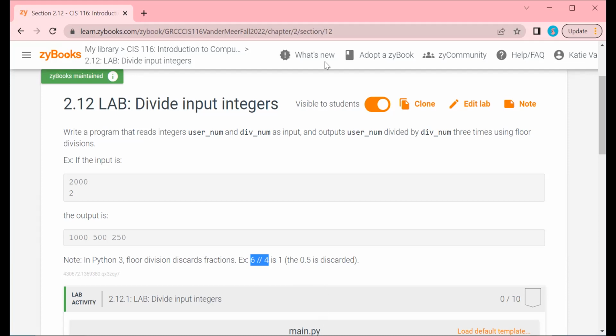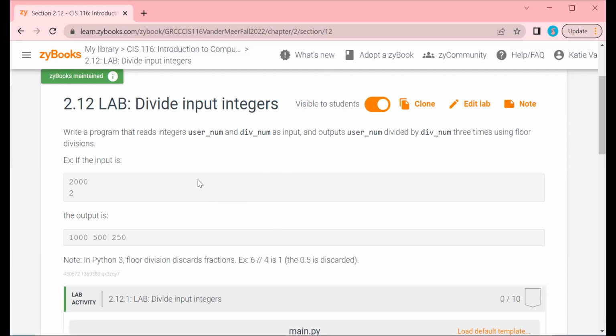Or here, let's do it on the calculator. I always do that backwards. So 6 divided by 4 is 1.5. So the 1 is what we're looking at. The whole number is what we're looking at, and anything after the point is discarded.